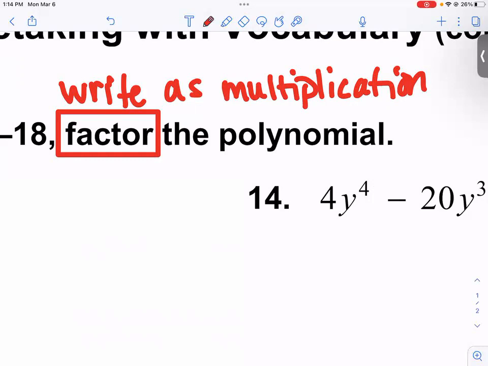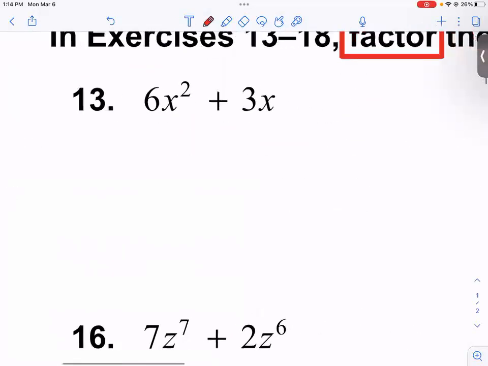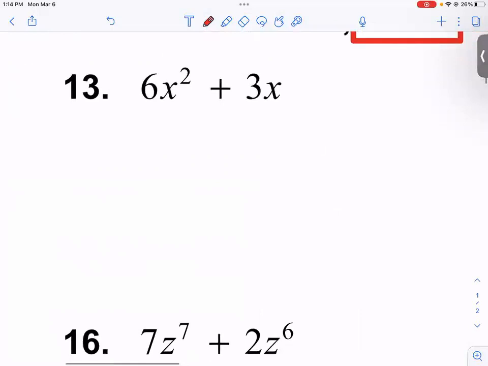All right. So let's look at number 13 here. I'm waiting for you to be quiet.